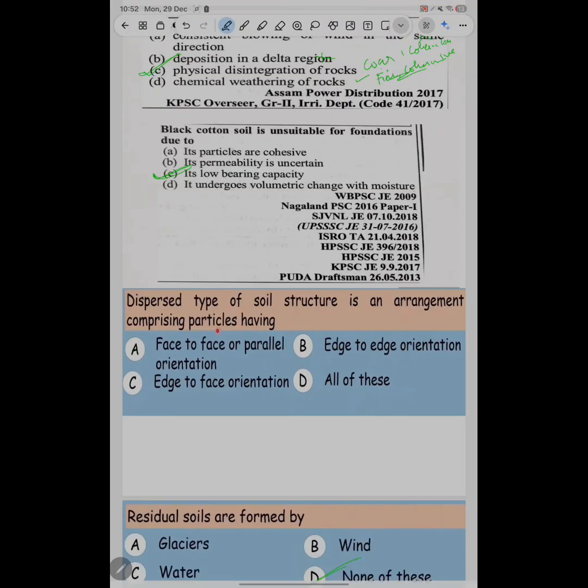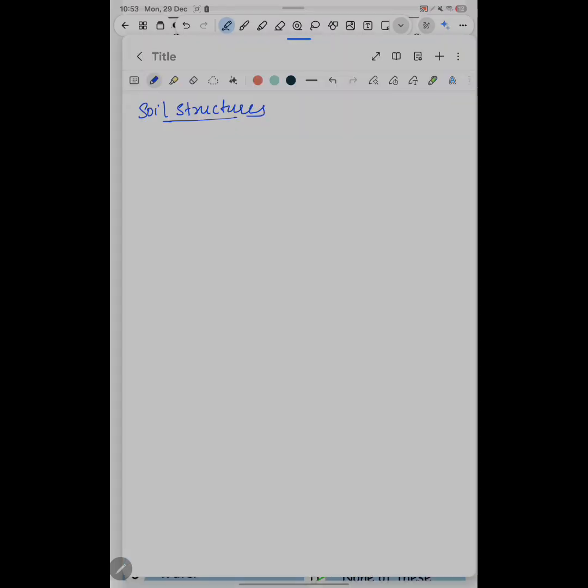Dispersed type of soil structure is an arrangement comprising particles having face-to-face or parallel orientation, edge-to-edge orientation, edge-to-face orientation, or all of this. So we want to learn one more topic from this origin of soil, that is soil structures. Mainly 4 types.